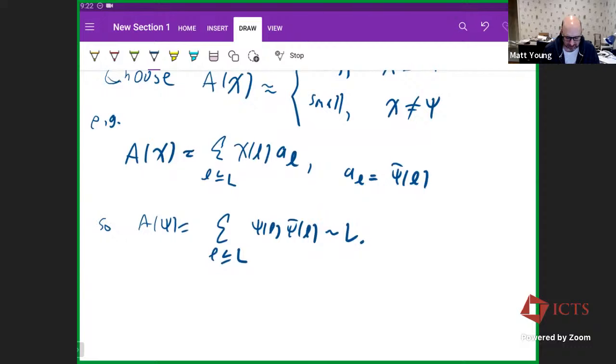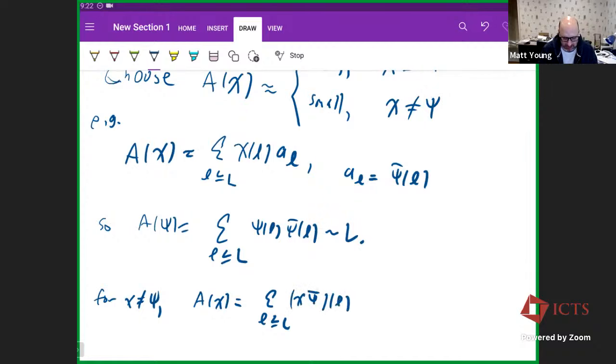So this amplifier has size L when chi is psi, but for chi not equal to psi, A of chi will be the sum over little l up to capital L of chi times psi bar of l.